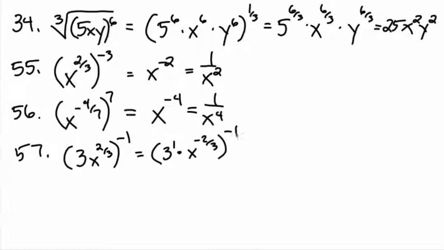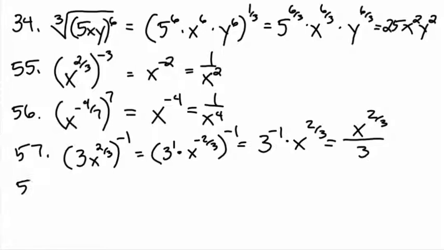That's raised to the -1. So now when I distribute this -1 exponent, I get 3 to the -1 times x to the 2/3 to the -1, and then the only thing that I need to reciprocate is this 3. So this ends up being x to the 2/3 over 3.